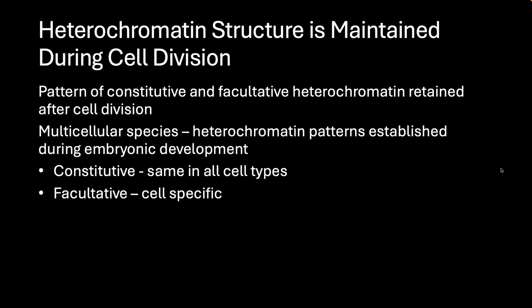As mentioned previously, this pattern of heterochromatin is maintained across cell divisions. What this means is that when our cells divide in our bodies, the gene silencing patterns stay the same, and our two types of chromatin are maintained. This is great, as we want to keep our cell types the same pre and post cell division.